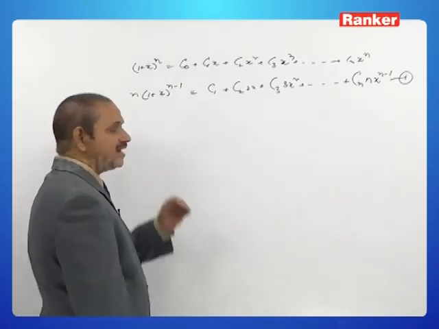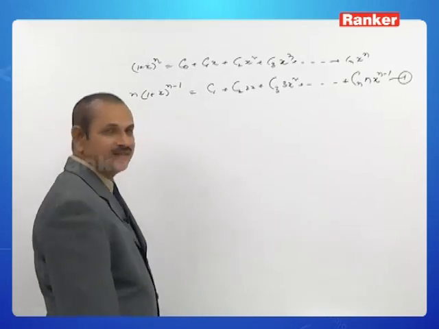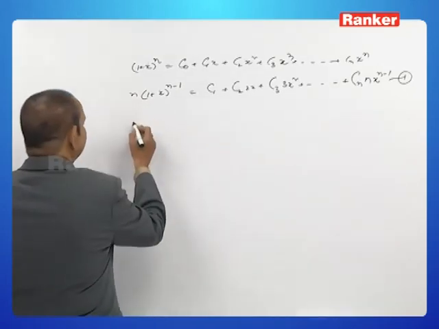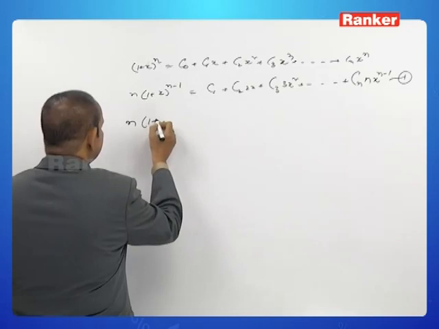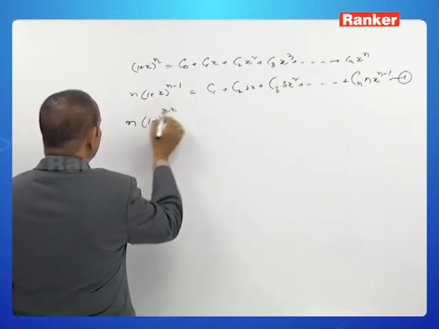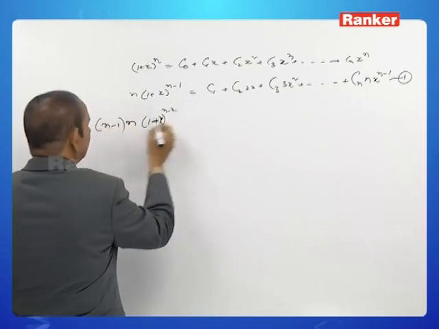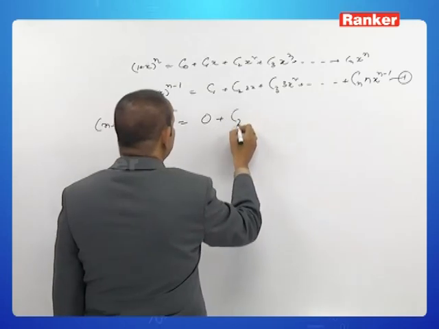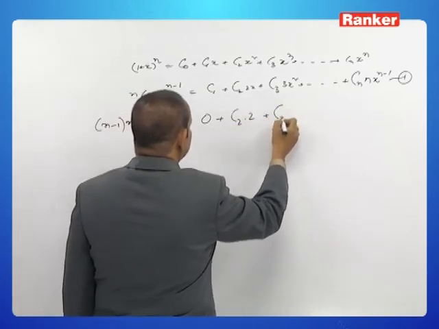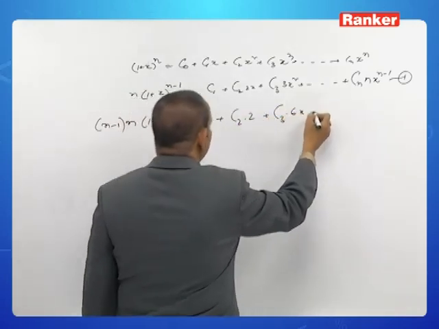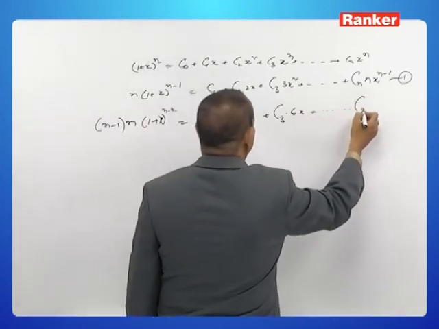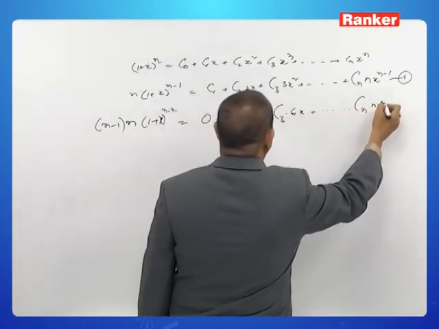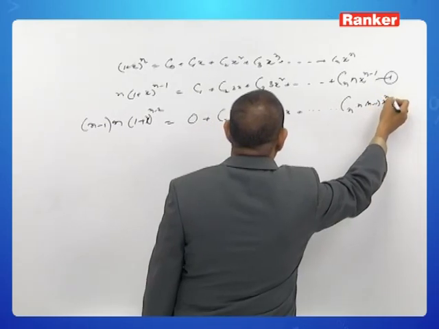Now, let us differentiate this once again with respect to x. What is going to happen? n into (n minus 1) into (1 plus x) whole to the power of n minus 2 is equal to 0 plus C2 into 2 plus C3 into 6x plus and so on, etc., Cn into n into (n minus 1) into x power n minus 2.